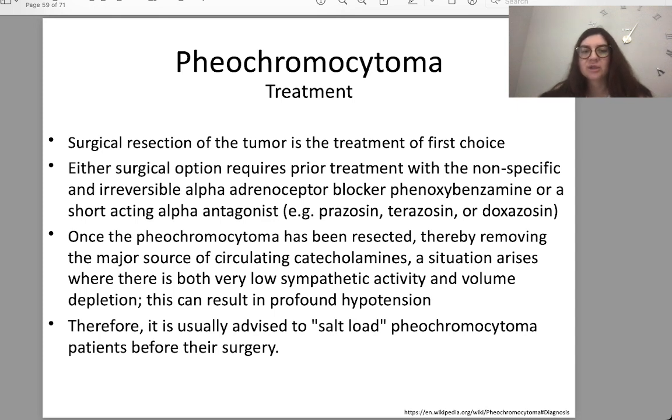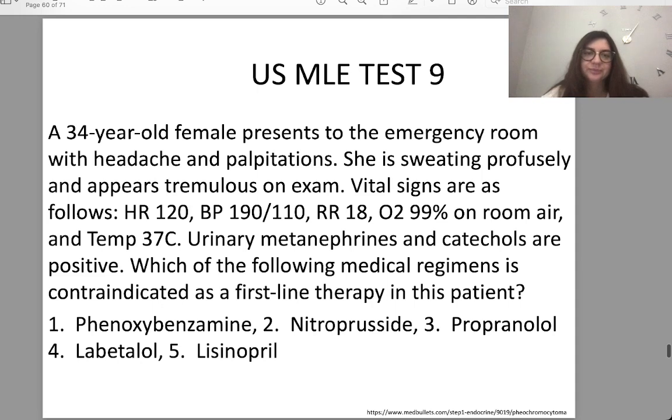Once the pheochromocytoma has been resected, thereby removing the major source of circulating catecholamines, a situation arises when there is both very low sympathetic activity and volume depletion. This can result in profound hypotension. Therefore, it is usually advised to salt load pheochromocytoma patients before their surgery.